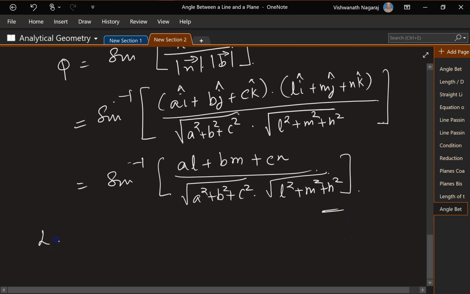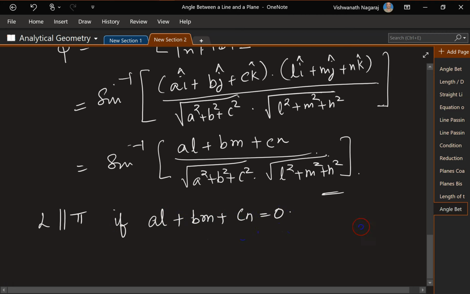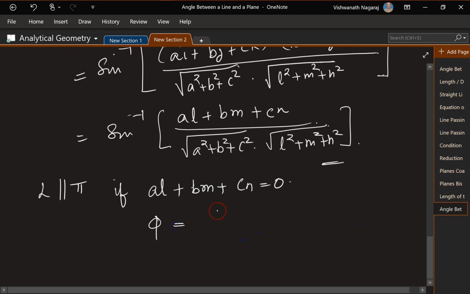When L is parallel to pi, this is possible only if al plus bm plus cn equals 0. Then in that case phi will become equal to sine inverse of 0. That means phi is equal to 0.